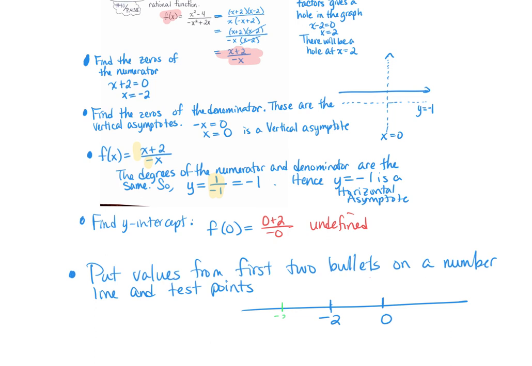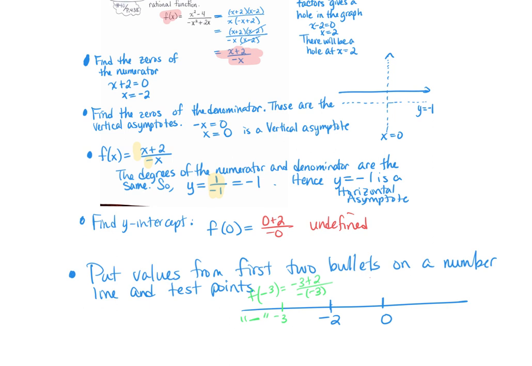So f of -3 is -3 plus 2 over negative times -3. All we care about is if it's going to be positive or negative. This is going to be a negative.